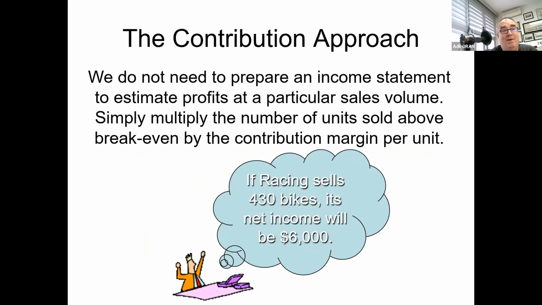Well, I can tell you. For 430 bicycles, I know the break-even point is 400. So 30 bicycles above break-even multiplied by 200, then 6,000 will be your net operating income. And I could also tell you what your contribution margin total is going to be and all these others.